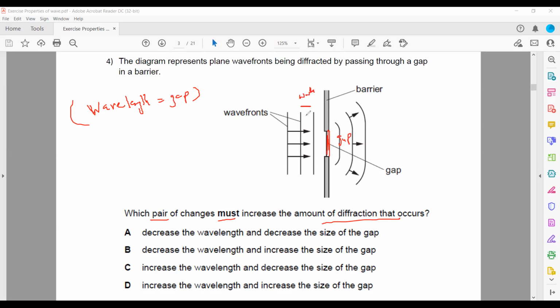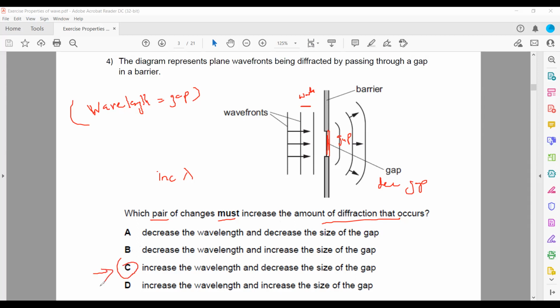So what should we do to increase the diffraction? We should increase the wavelength and decrease the gap until they match with each other. Like here the wavelength is shorter and the gap size is larger. To make it more diffraction, the wavelength should increase and the gap should decrease. So what is the right answer? Increase the wavelength and decrease the gap size.